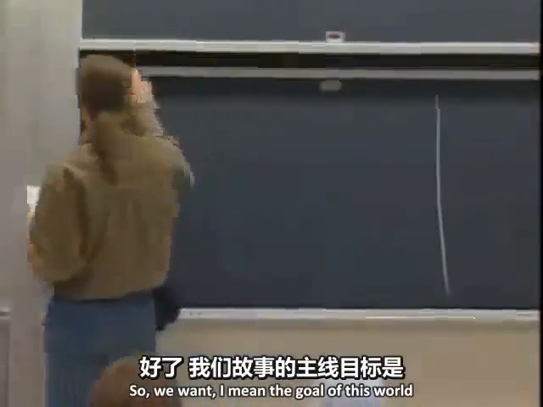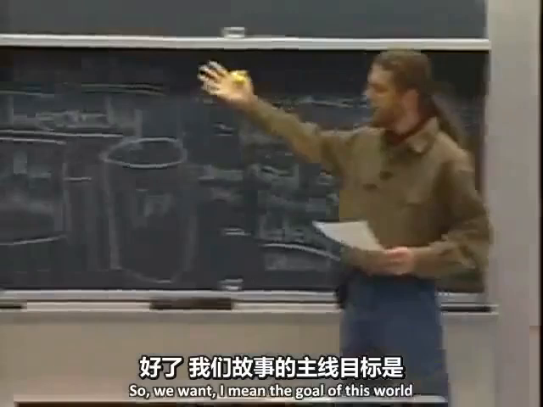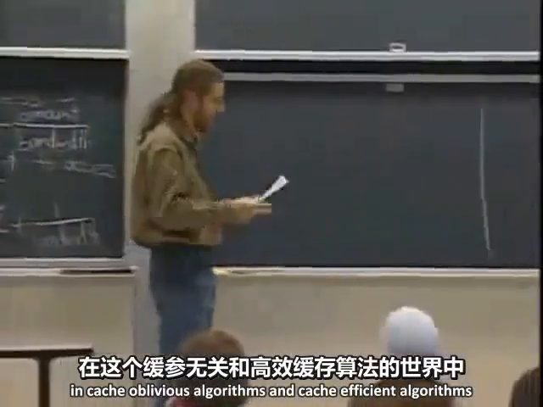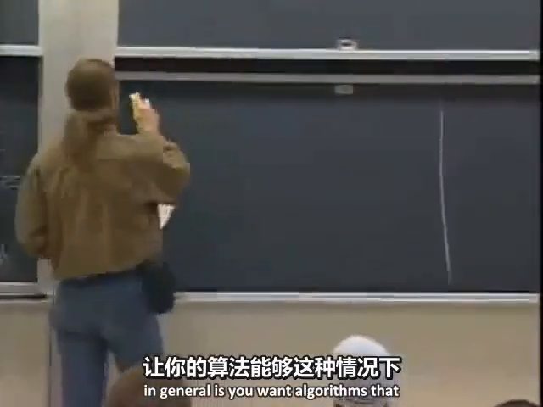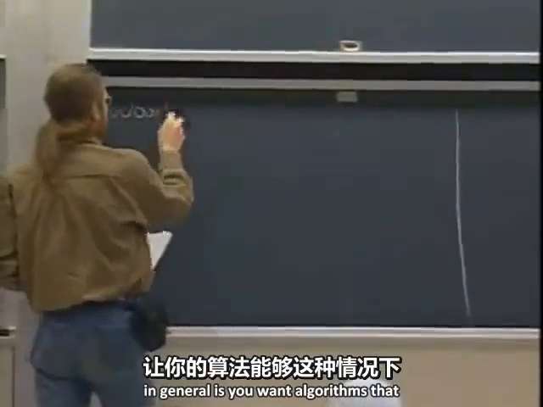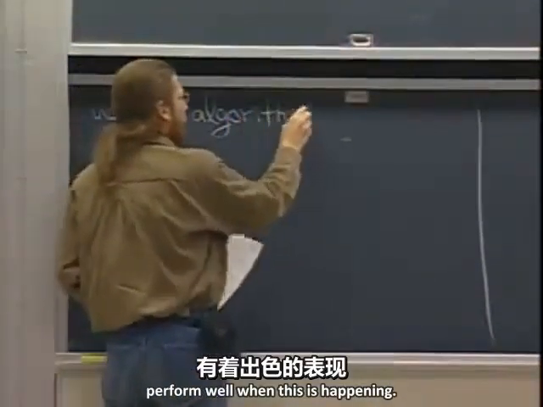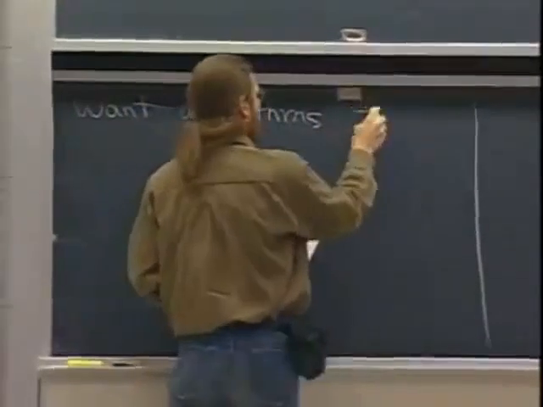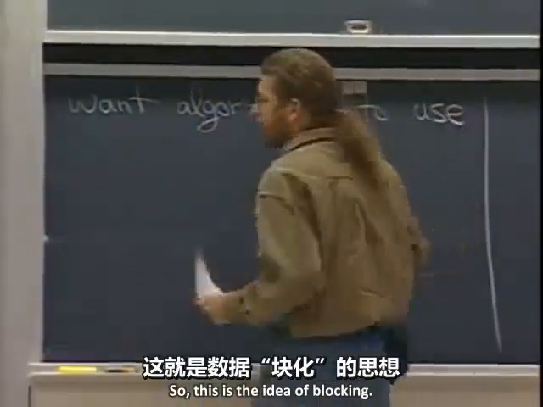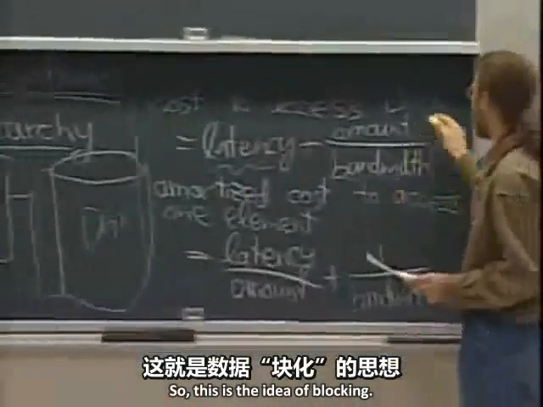So the goal of this world, of cache oblivious algorithms and cache efficient algorithms in general, is you want algorithms that perform well when this is happening. So this is the idea of blocking.